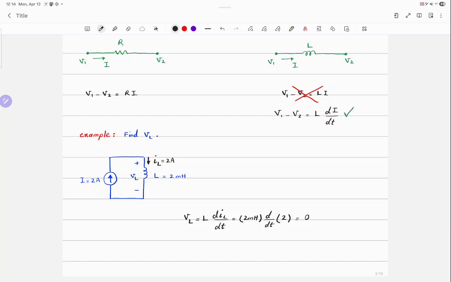What's the definition of inductance? It responds to a change in current. The current is not changing, it's fixed at 2 amps. So there is no voltage across the inductor. So the inductor is behaving like a wire, a short circuit. There's no voltage across it, okay?